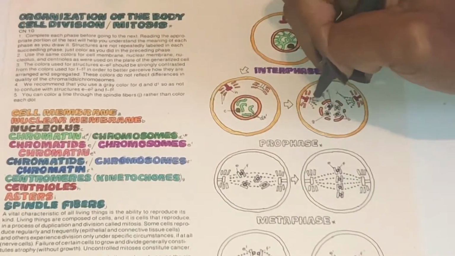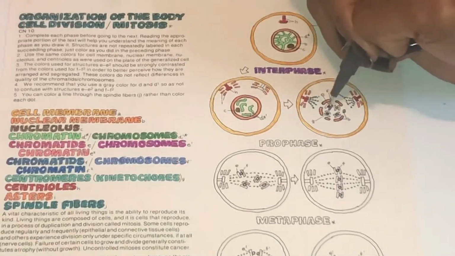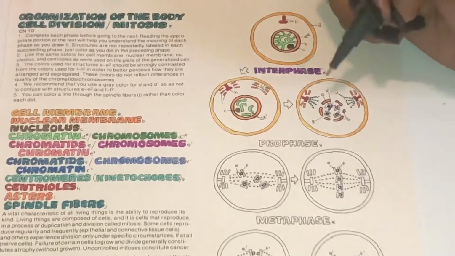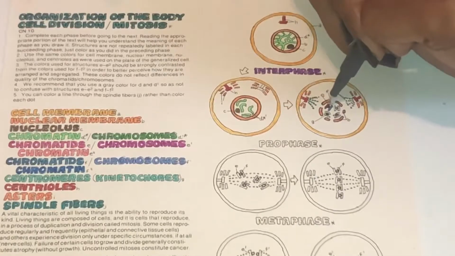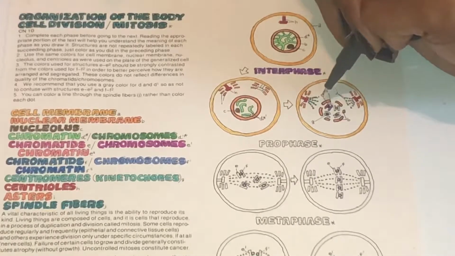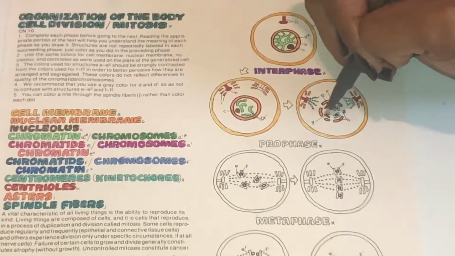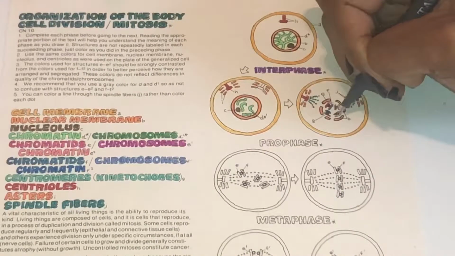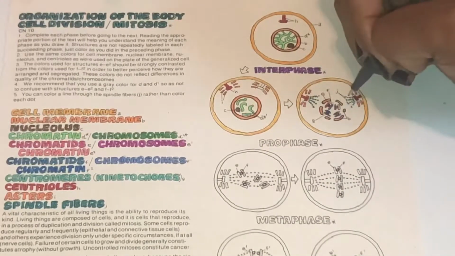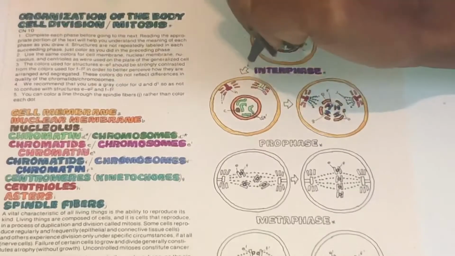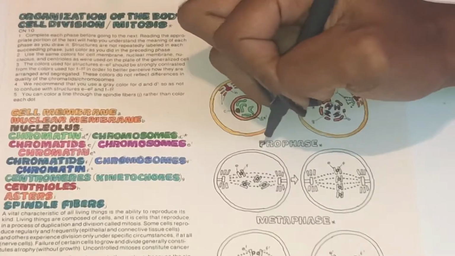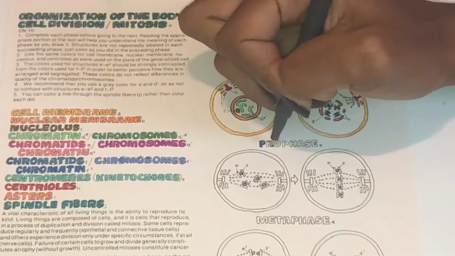And coloring the spindle fibers. And also coloring the chromatids, and, well, both chromatids, they're in different colors because they're different chromatids. And now we're on prophase.